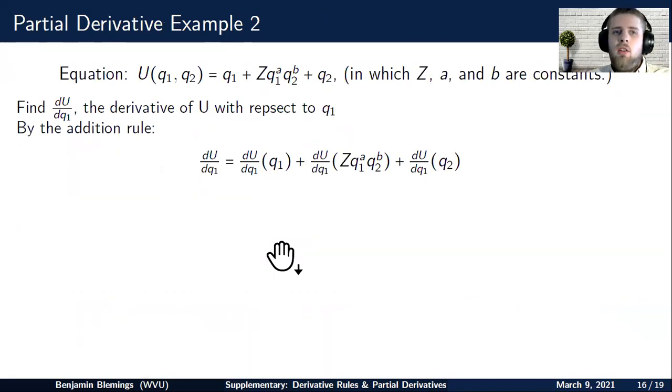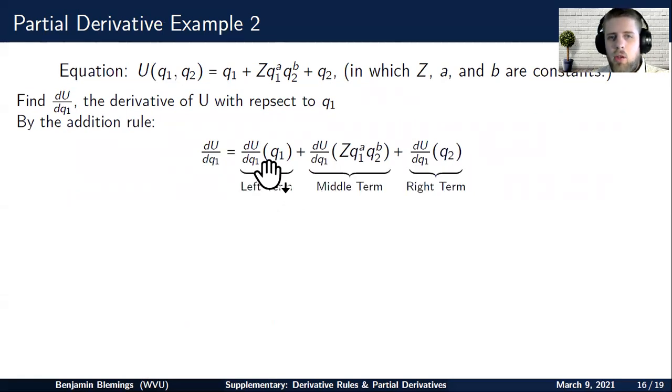So here's an equation where utility depends on good 1 and good 2, and z, a, and b are all constants. They're just some number. So we need to find the derivative of u with respect to q1. By the derivative rule, we know that this is just the derivative of the left term plus the derivative of the middle term plus the derivative of the right term.